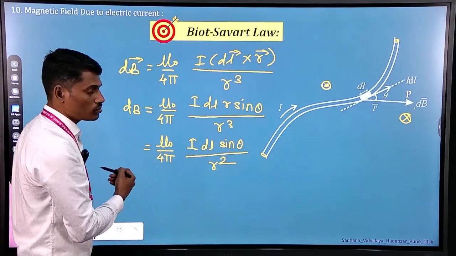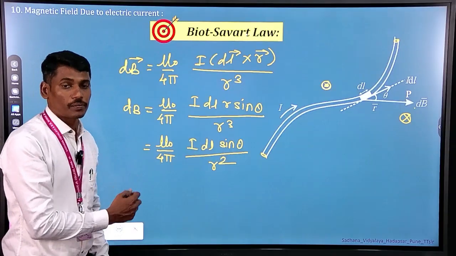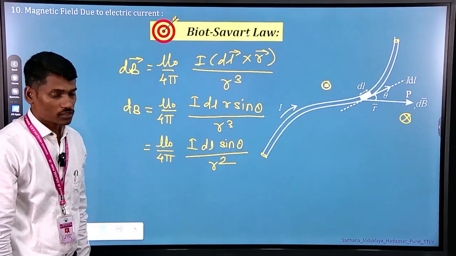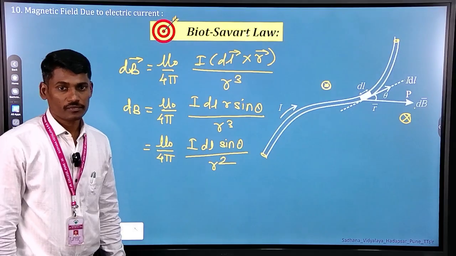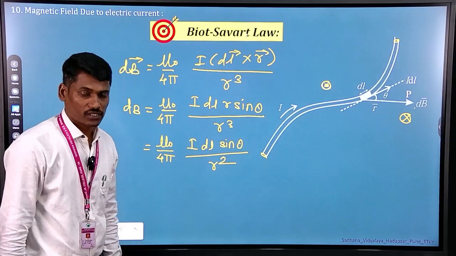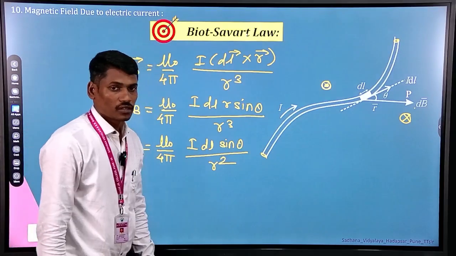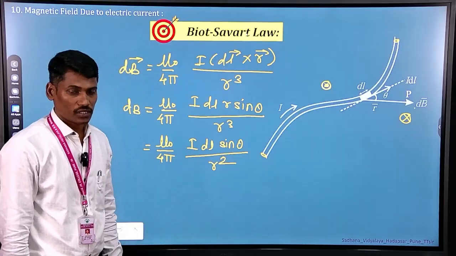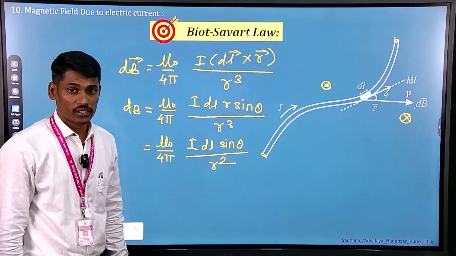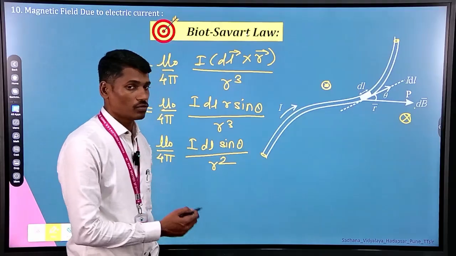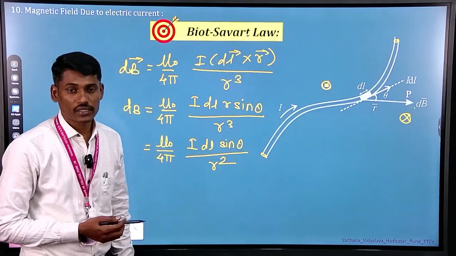Here what is mu naught? Here mu naught is the permeability of free space or the permeability of a vacuum. We remember the relation between mu naught and epsilon naught. Here epsilon naught is the permittivity of free space and mu naught is the permeability of free space.